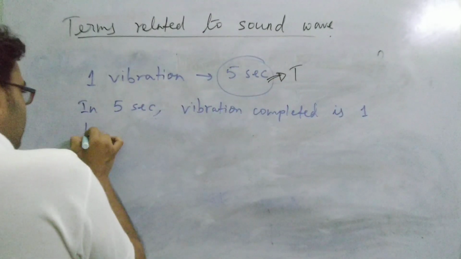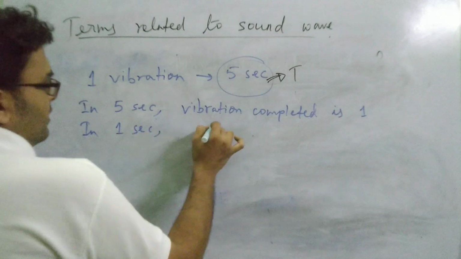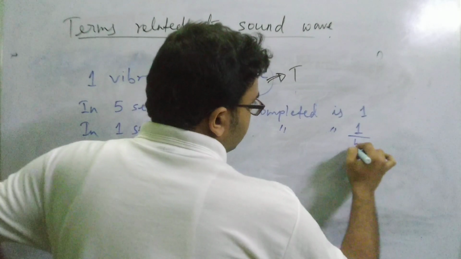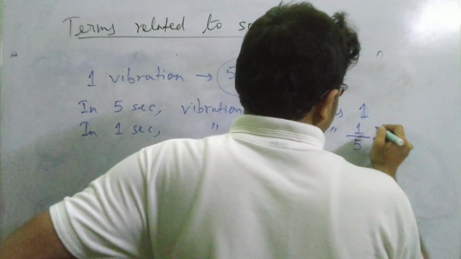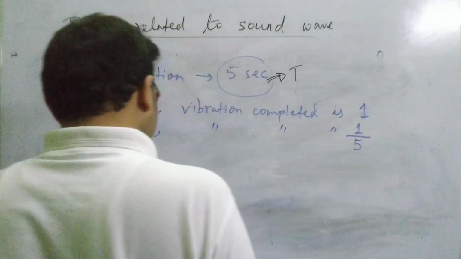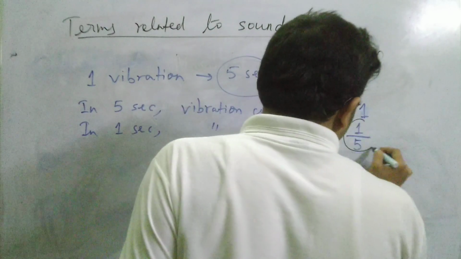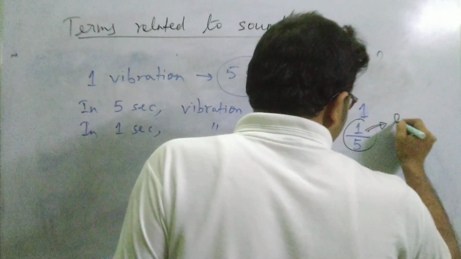So if I apply the unitary method, in 1 second the number of vibrations completed is 1 by 5. So what is this 1 by 5? This is basically the frequency, isn't it? Because we are saying the number of vibrations taken in 1 second. Okay, it is not a whole number, but this is actually the frequency, number of vibrations per second.